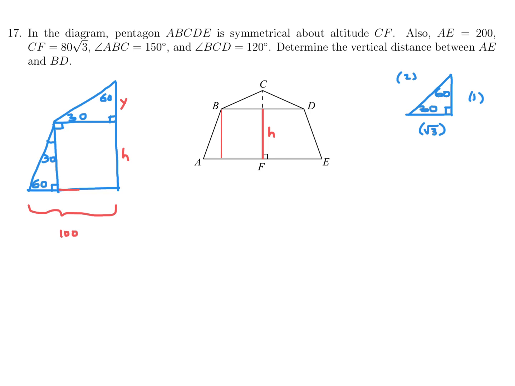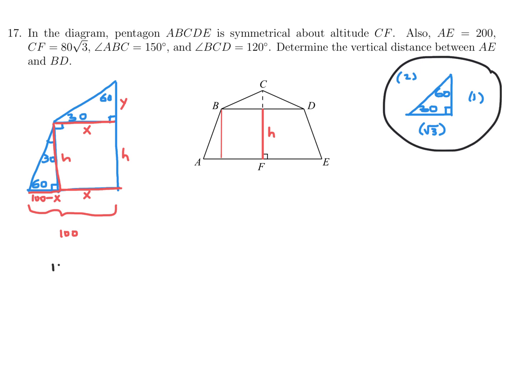And I'll call this distance X. And then therefore this little guy would be 100 minus X. Correct. Okay. And then from here to here is also H, since it's the same thing from there to there. And then this is X. All right, I think I've got pretty decent labeling here. So now let's use this 30, 60, 90 triangle stuff.